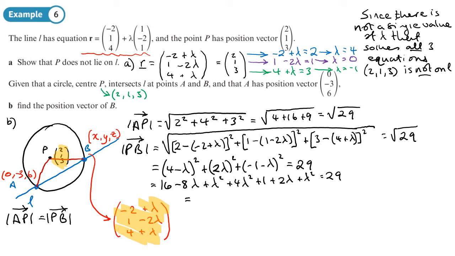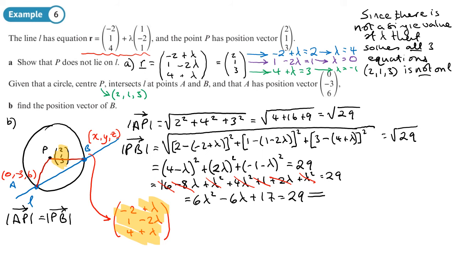Lambda squared, 4 lambda squared, lambda squared, so 6 lambda squared. Then I'm going to have minus 8 lambda plus 2 lambda, so that's -6 lambda. And then for the numbers, I'm going to have 16 plus 1 is 17. So plus 17 equals 29.